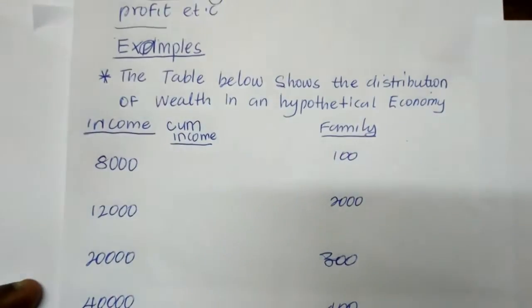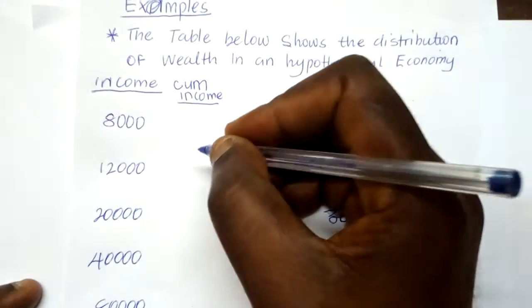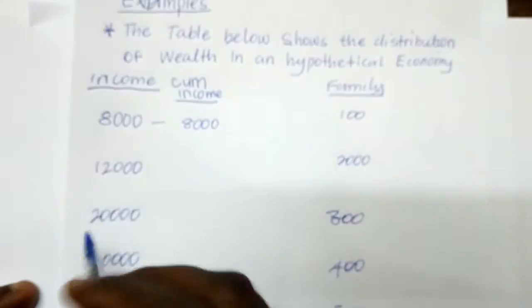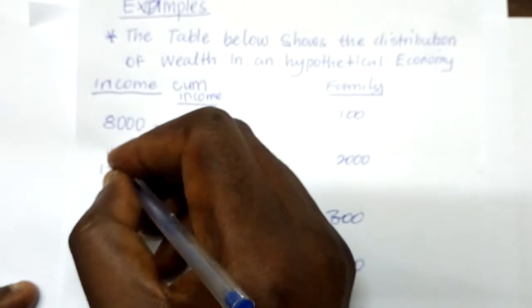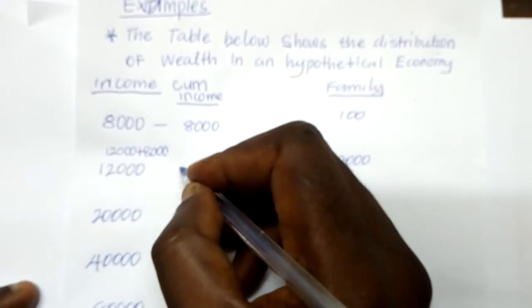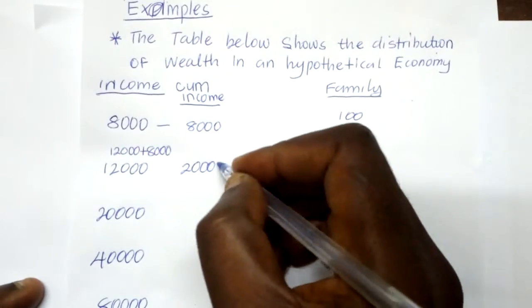Now to get the cumulative income, here we have 8,000. Now we have 12,000 plus 8,000, so this will give us 20,000.